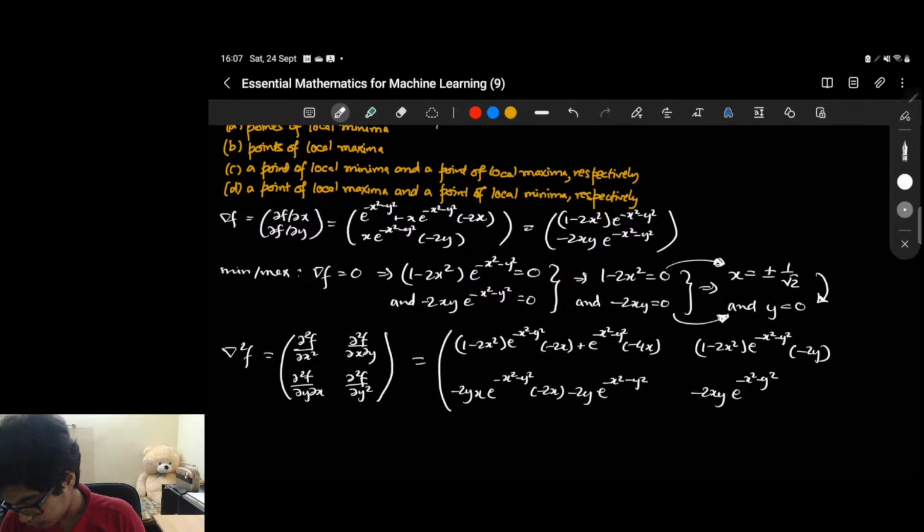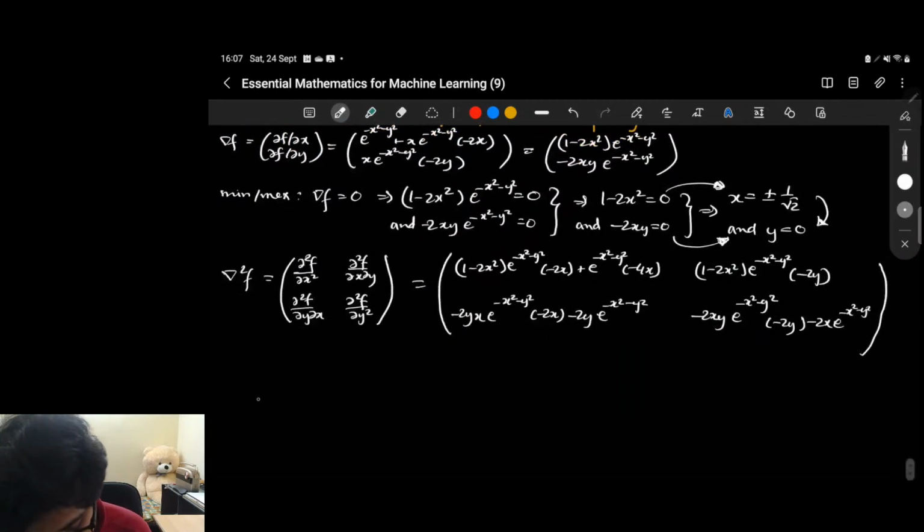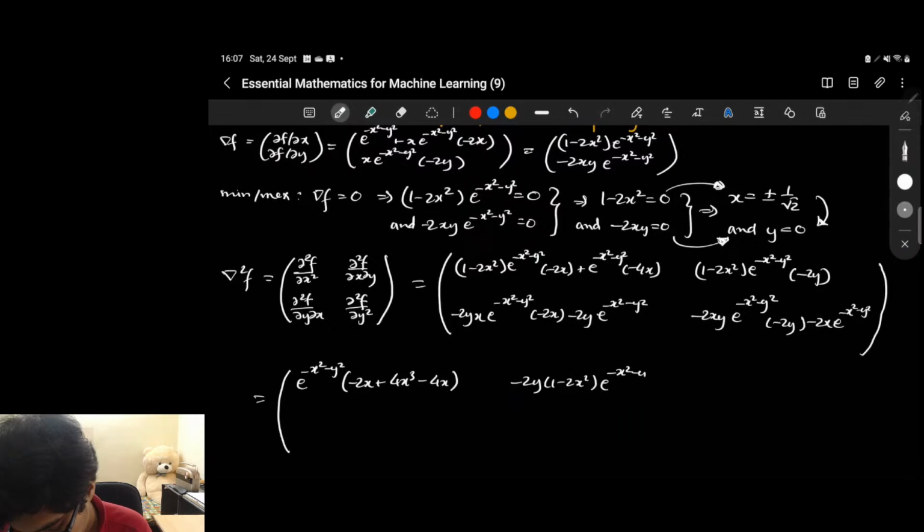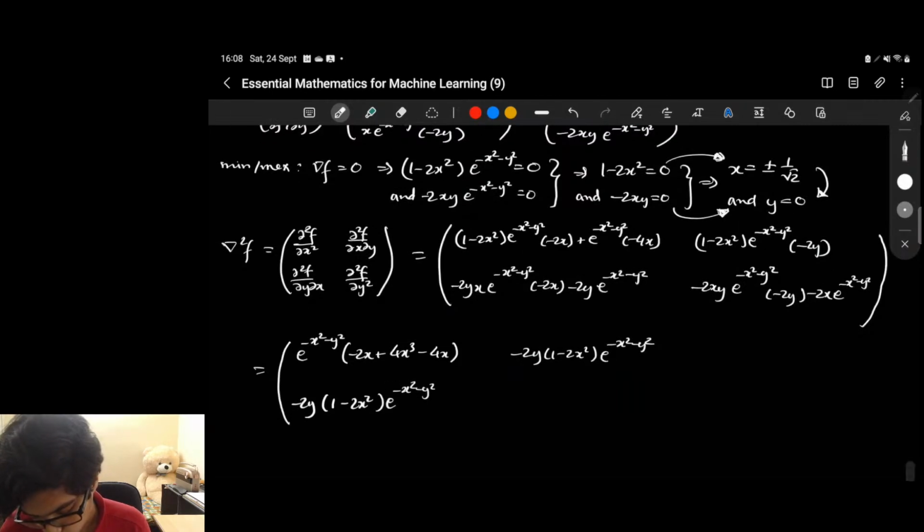I'm just differentiating and writing all these terms. So let me simplify further by taking the exponential term common, and just grouping the terms.